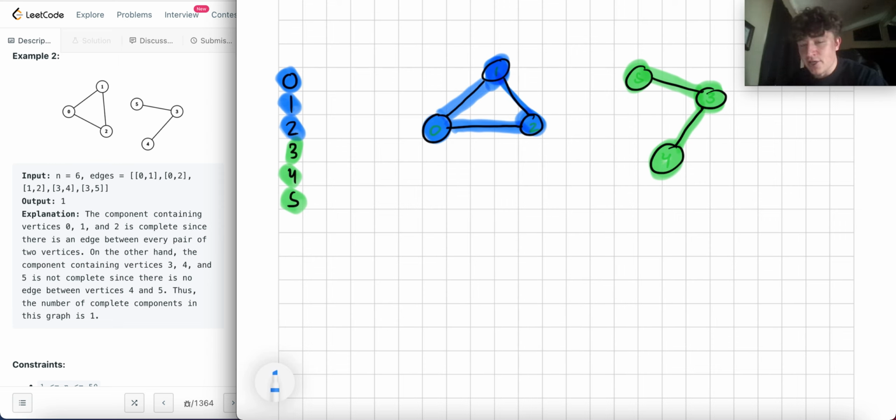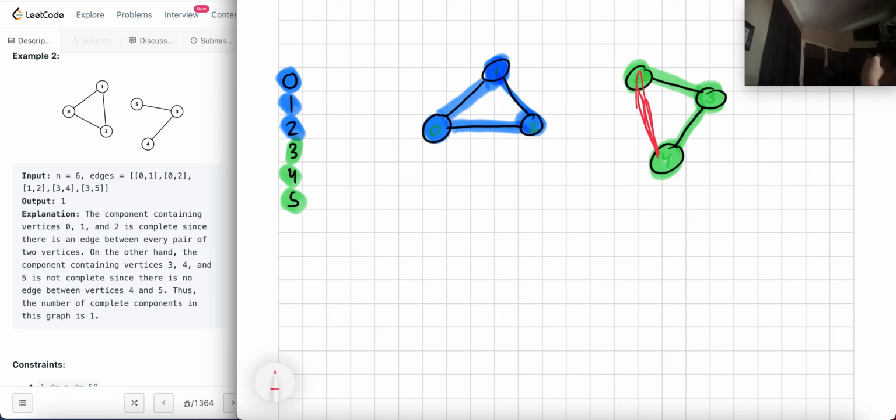There needs to be an edge connecting 5 to 4, right? And there is no such edge. So since there is no such edge, we can't call this one complete, right? There's 2, but only one of them is complete.